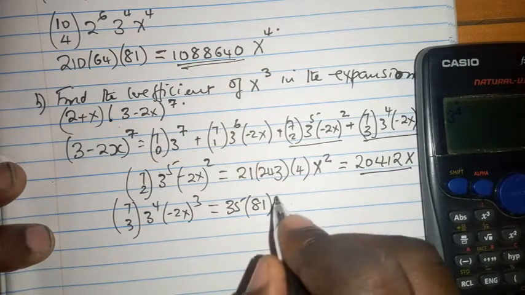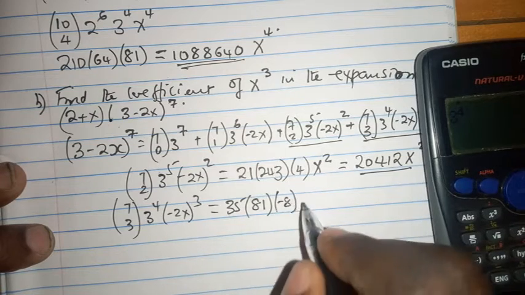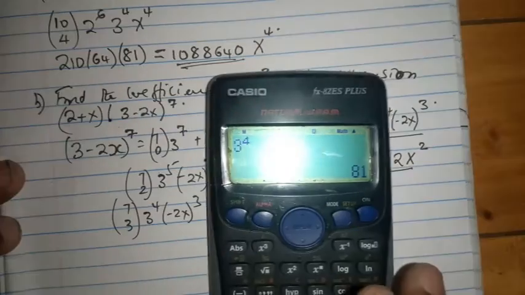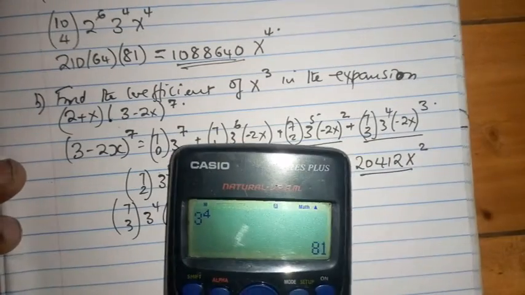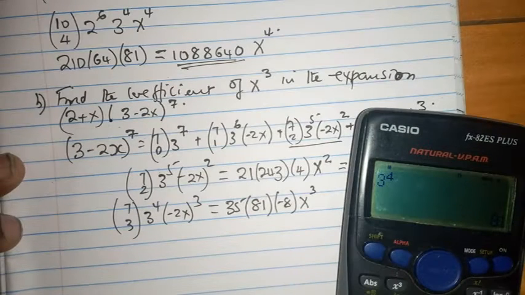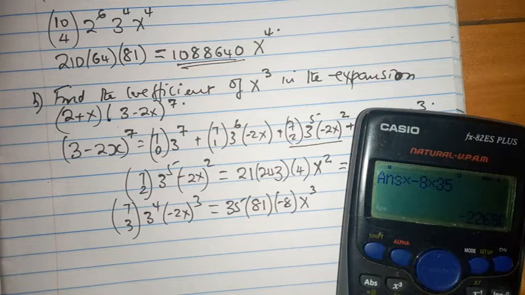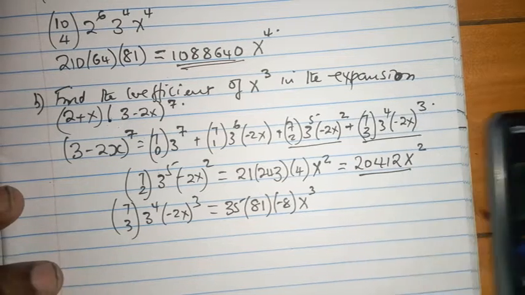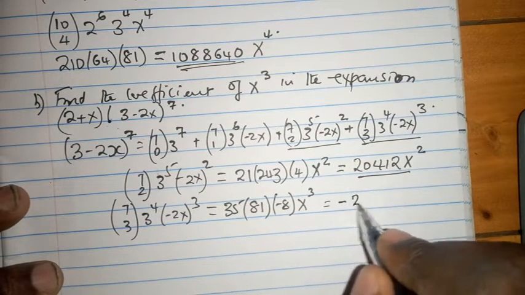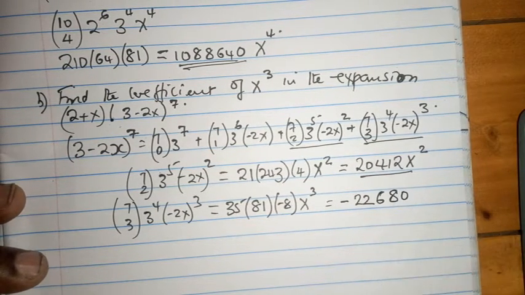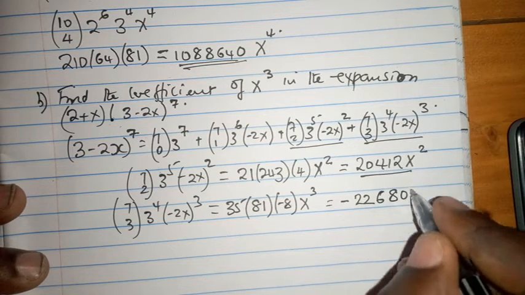Minus 2 cubed is of course minus 8, and x cubed follows immediately. So 81 times minus 8 times 35 gives us negative 22680, and this is the coefficient of x cubed.